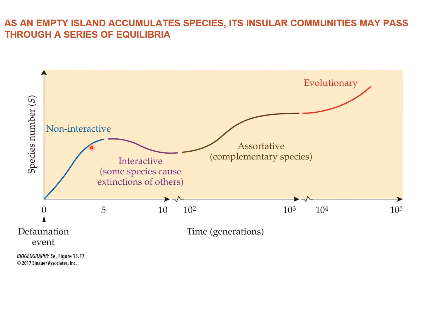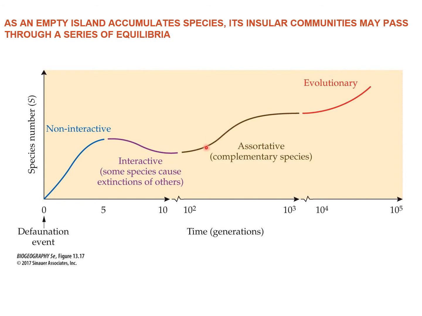When you get to a certain level, the density gets high enough that organisms are now interacting with one another. They might be competing with one another, they might have predator-prey relationships, whatever it could be, and that usually tends to plateau the number of species. So it's increasing, and then it plateaus and decreases a little bit. Over time, you get some sorting where species fall into their respective niche space, and theoretically they're well adapted to that niche space, so they thrive a little bit more.